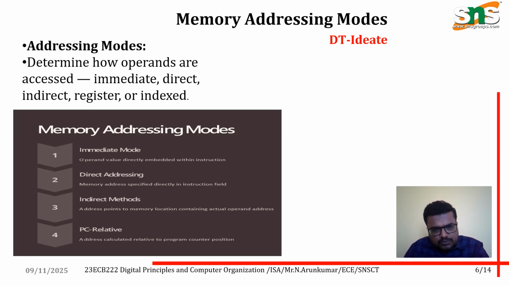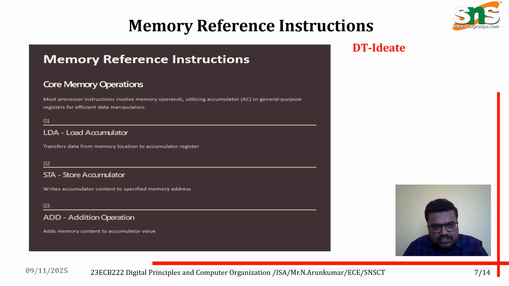And memory addressing modes. We have already discussed the addressing modes. These are all the addressing modes. Only then will it be used to fetch the information as instructions. And next is reference instructions. Once the information has been generated, we need to check the instruction reference, because it is the factor to get the information based on the input signals.